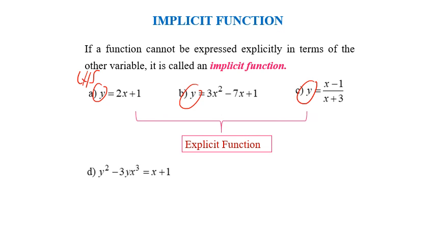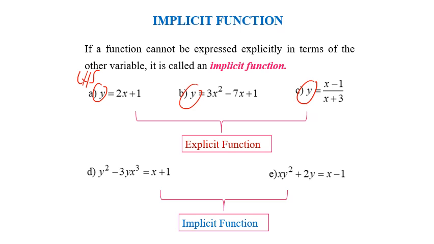However, for implicit, as you can see on the left side, we combine x and y terms together. The same here on the left hand side, we have both x and y. So this is the case that is implicit.